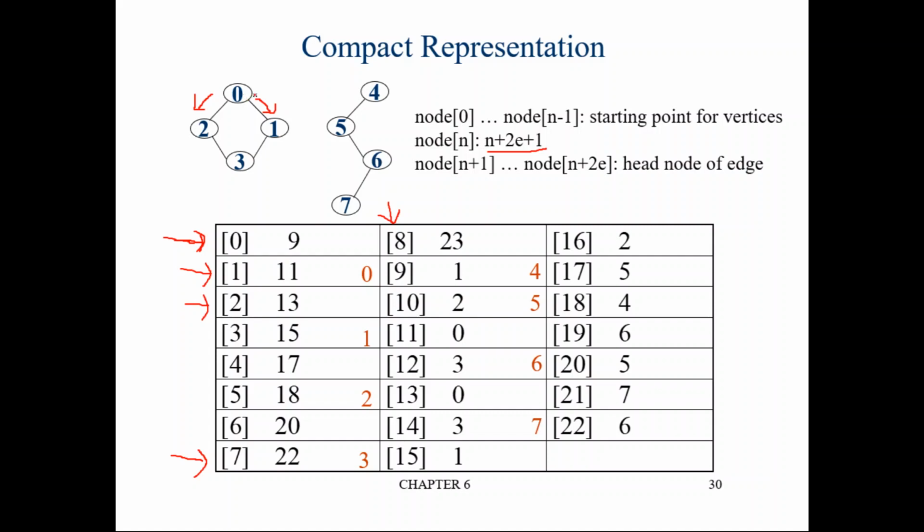Vertex 0 is having an edge to 1 and also an edge to 2. So first we will enter 1, then you can enter 2. Otherwise you can enter in the reverse way also, 2 and 1. Right? Okay.